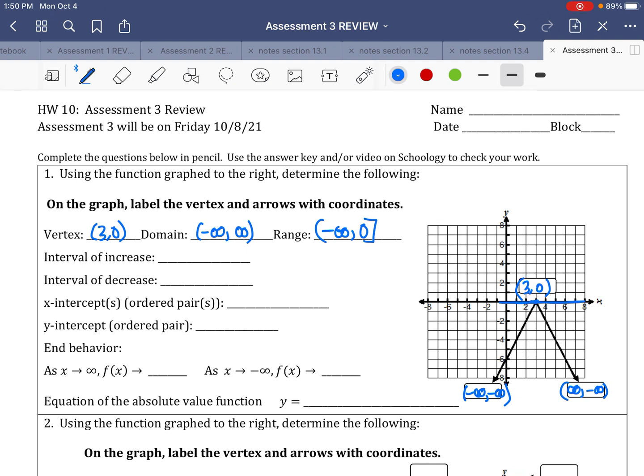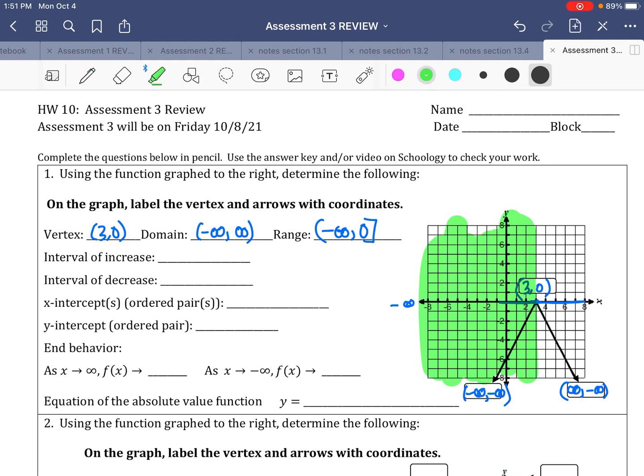All right. So interval of increase. The increasing area on this graph is the left side of this picture. So if I shade this area here, because it has a positive slope all the time there, that green area would be denoted by negative infinity up to 3.